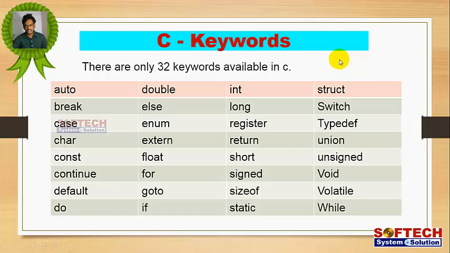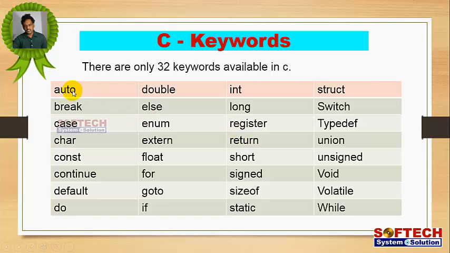In English, the noun is user defined, but the verb is predefined. We cannot use a verb as a noun. In such a way, we cannot use keywords as a variable name or function name.